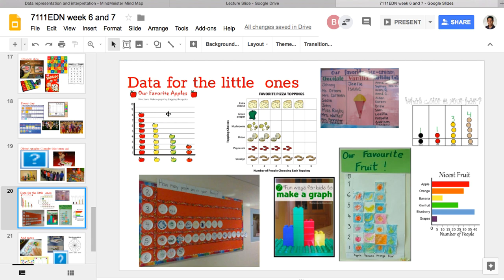Here's favourite apples, okay? So if you ever teach in an apple growing region, you can look at different types of apples. Here is how many people in your family. So this is where students are, say, drawing the members of their family in their class. So no people have 2 people in their family, that's not surprising.